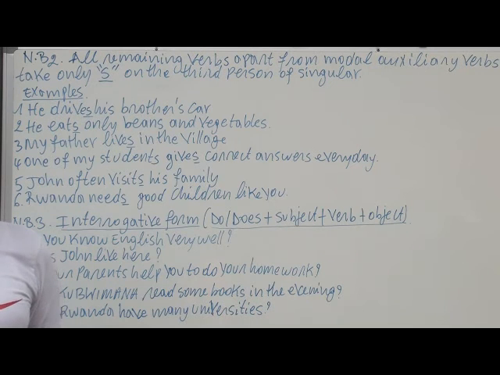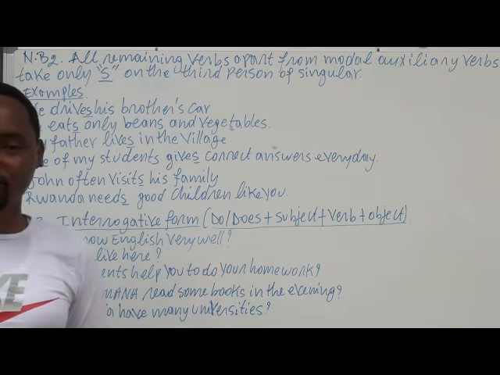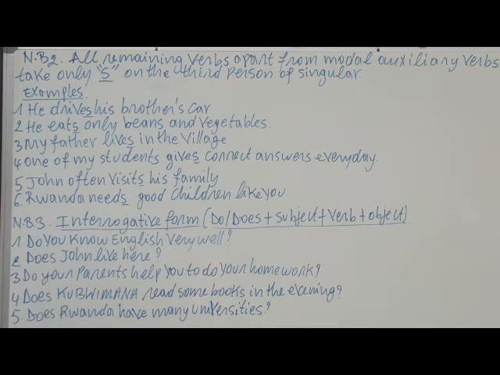This couldn't be English. On modal auxiliary verbs, we don't care about the rule which says s or es. But on the rest of verbs, we should add the s on the third person of singular, as I've said.